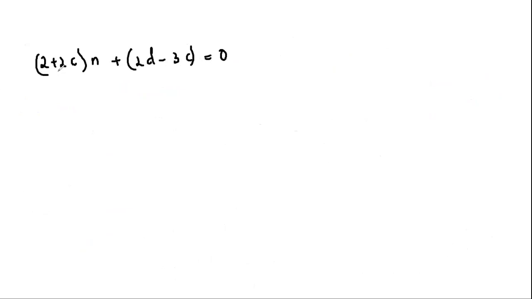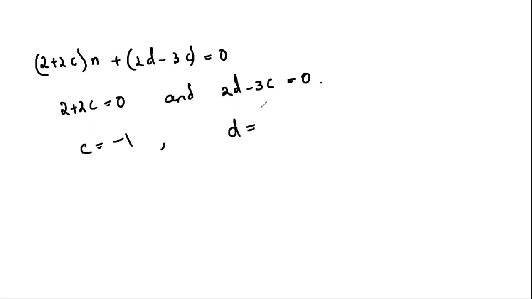Now, this becomes a solution if and only if 2 plus 2c is equal to 0 and 2d minus 3c is equal to 0. Now we will find the c value from here. C is equal to minus 2 divided by 2, which is minus 1, and if we substitute minus 1 in this equation, we will get d is equal to minus 3 by 2.